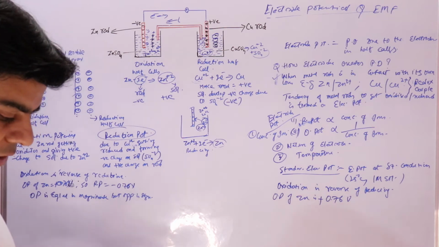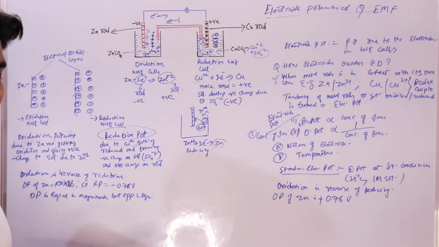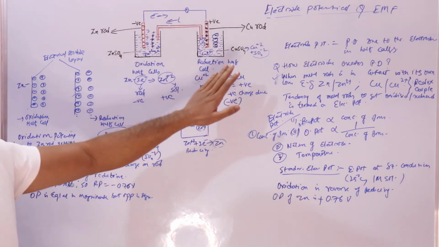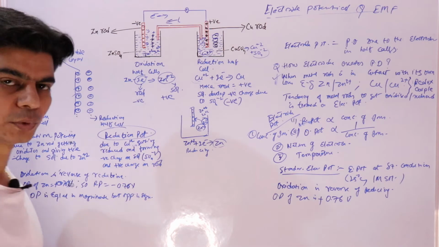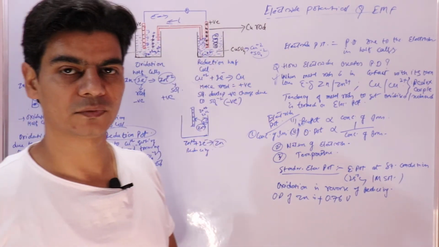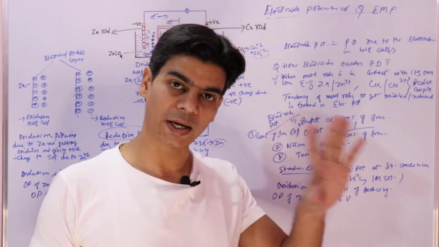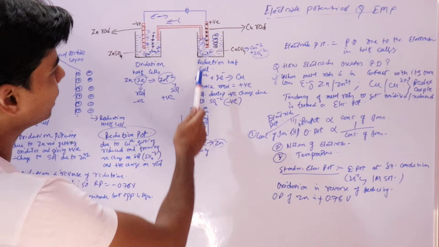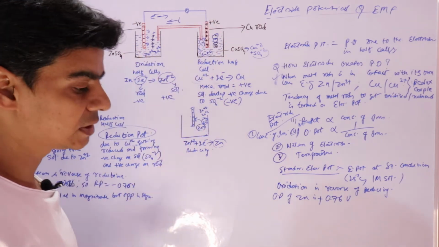We studied that in the electrical double layers and electrode potentials, we have separation of charges. Now let's see where we have separation of charges in this entire cell, because EMF is of the entire cell. If you look at these rods, the cathode is positive and the anode is negative.